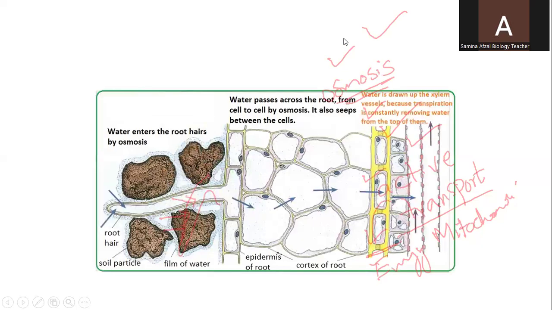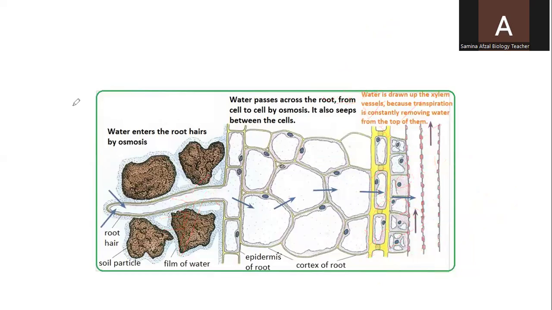Next, in the next slide, we will discuss the pathway of the water from the soil towards the other parts. I already told you in the previous slide that water enters by the process of osmosis.